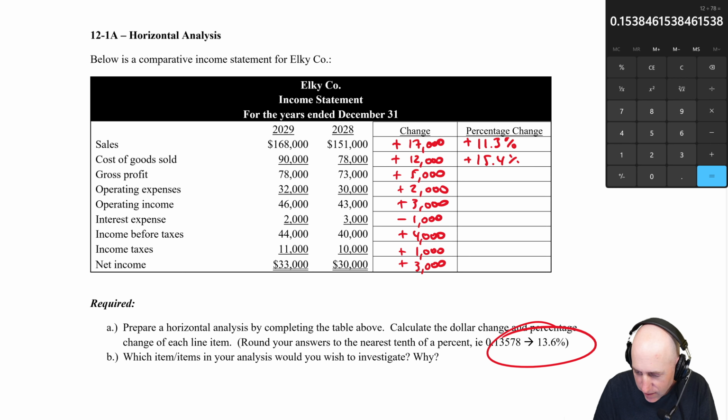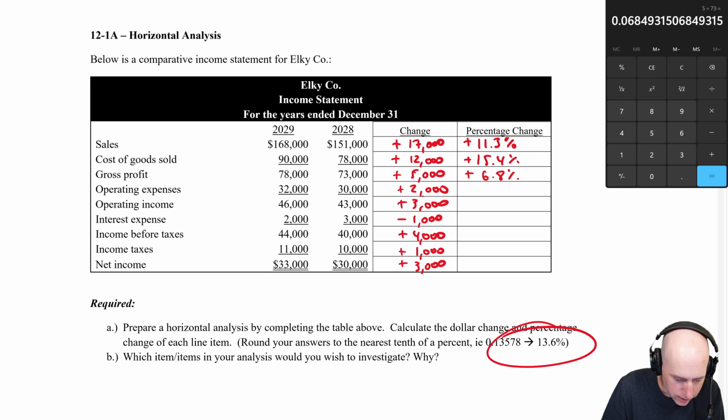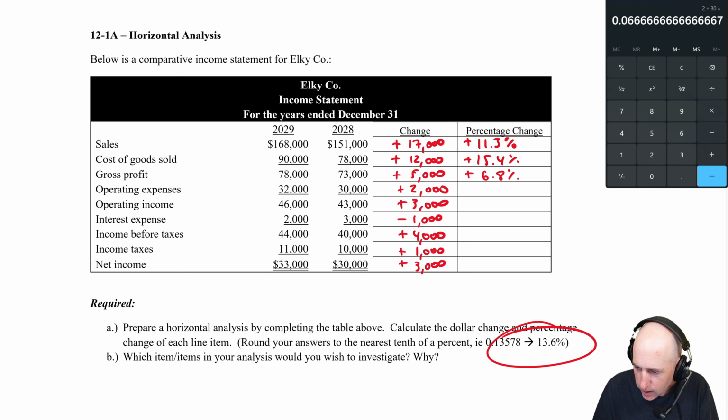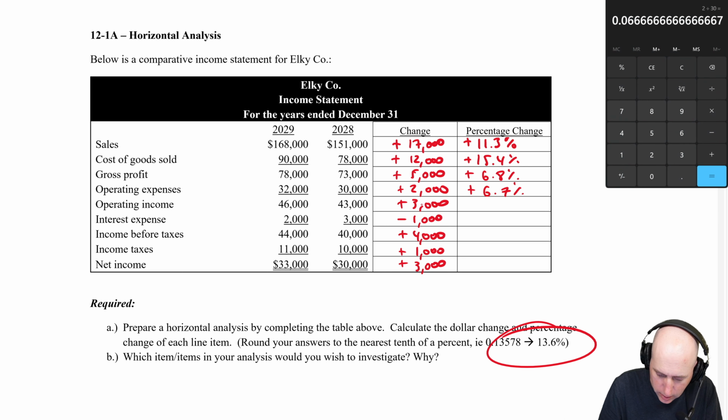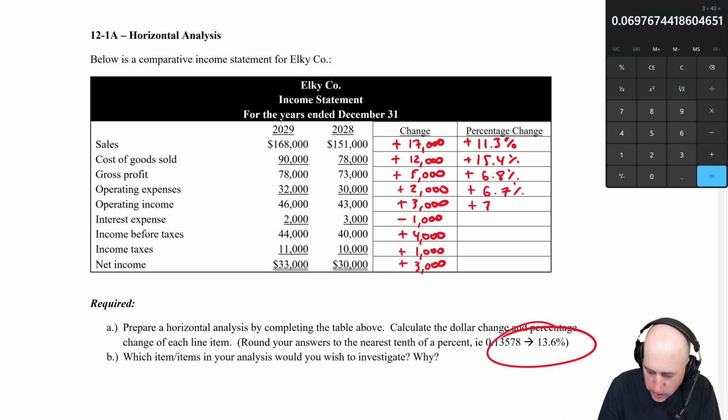Gross profit, 5 divided by 73. 6.8%. Operating expenses, 2 divided by 30, 6.7%. Operating income, 3 divided by 43, 6.97%. We round that to 7.0%.